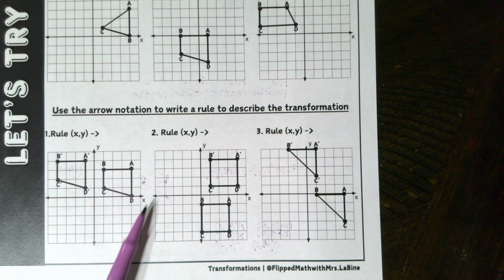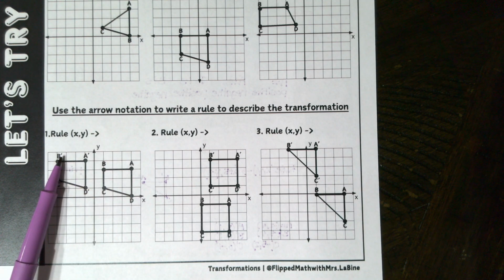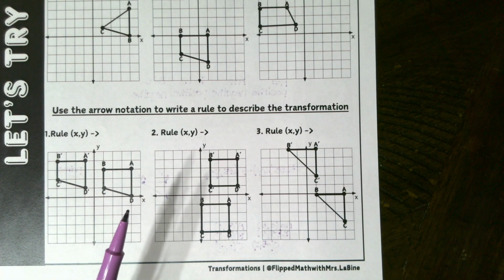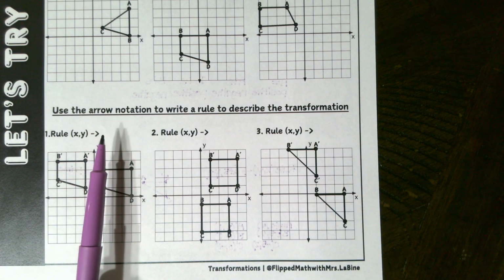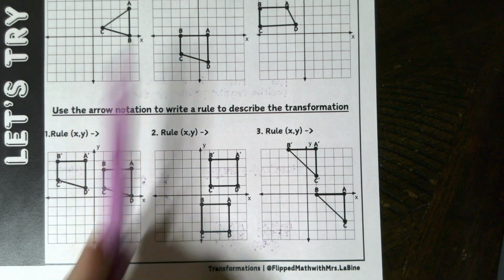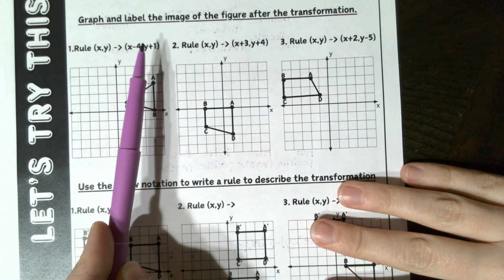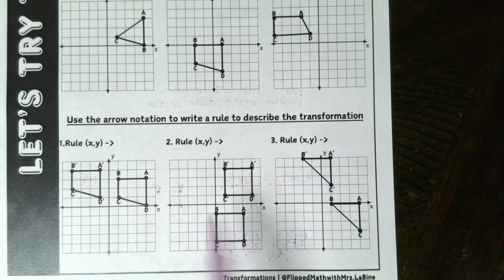So you see here is your original figure, and here is the image because you see the prime symbol. So you need to tell me what happened here. What is the rule? Okay, so it's going to be x plus something, or maybe it's x minus something, and y plus or y minus. You're going to have to write the rule. Just like it's already written here, you're going to write the rule for these 3.